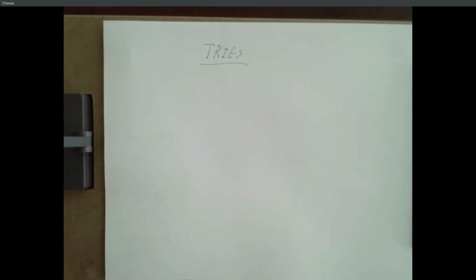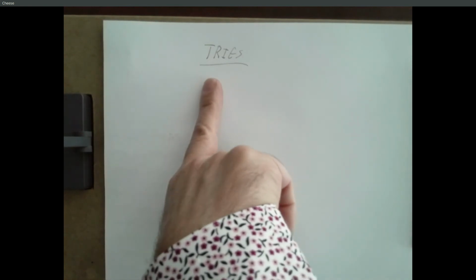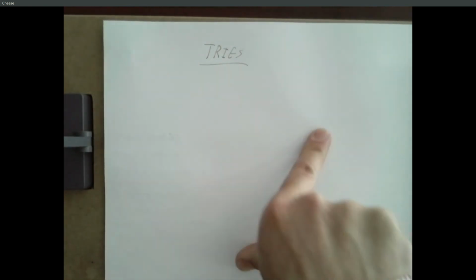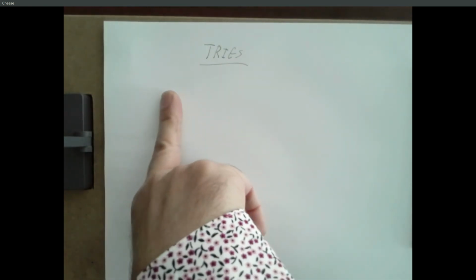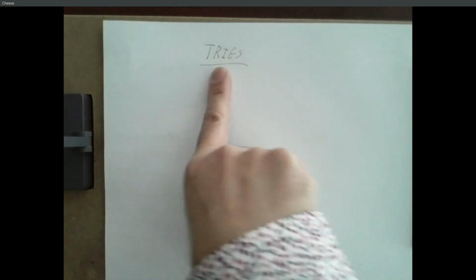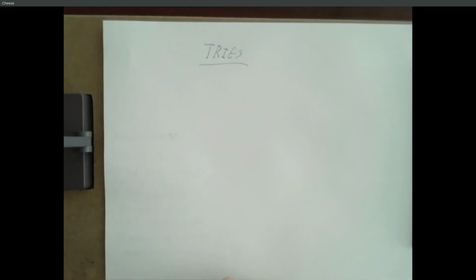And we want to take a word made up of uppercase letters, so 26 possible letters, and we want to store each word that the user specifies into this structure. And then the goal is to be able to go through this trie and say, is this word stored in here? And like I say, usually we'd associate some piece of data with this, but we're just going to store the words and look at how that subsystem works.